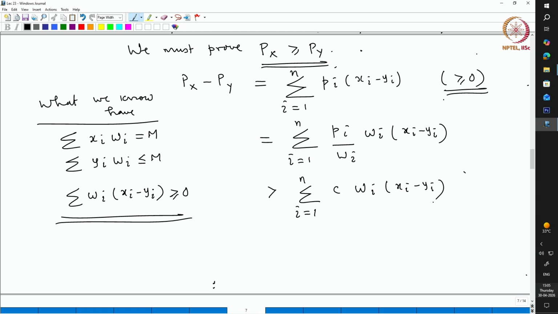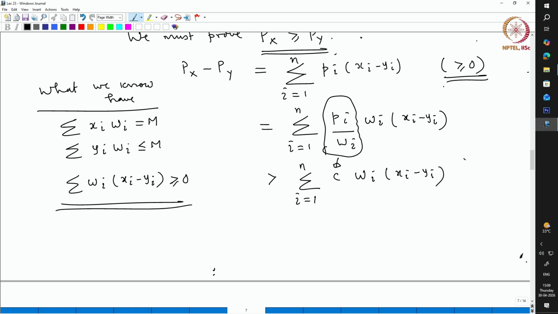Suppose I am able to replace each pi by w by a constant c. Then I can write an inequality of this kind, which would imply this is greater than c times the sum over i equals 1 to n of wi (xi minus yi).